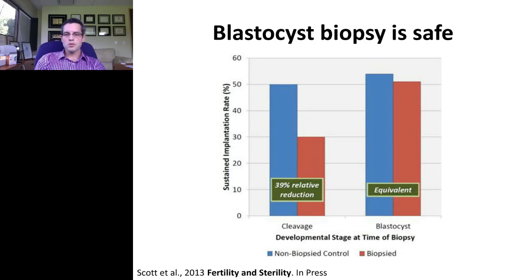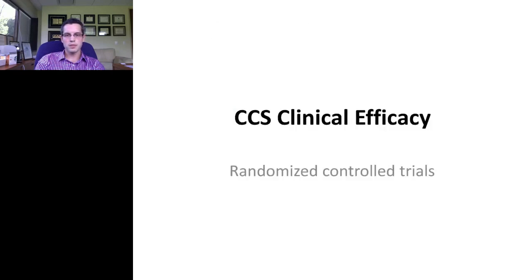So with all those theoretical considerations, we actually performed this randomized trial and supported those theoretical estimates with actual evidence that blastomere biopsy is really not safe and blastocyst biopsy is. This has led us now to exclusively perform blastocyst biopsy when performing any type of genetic testing on human embryos.